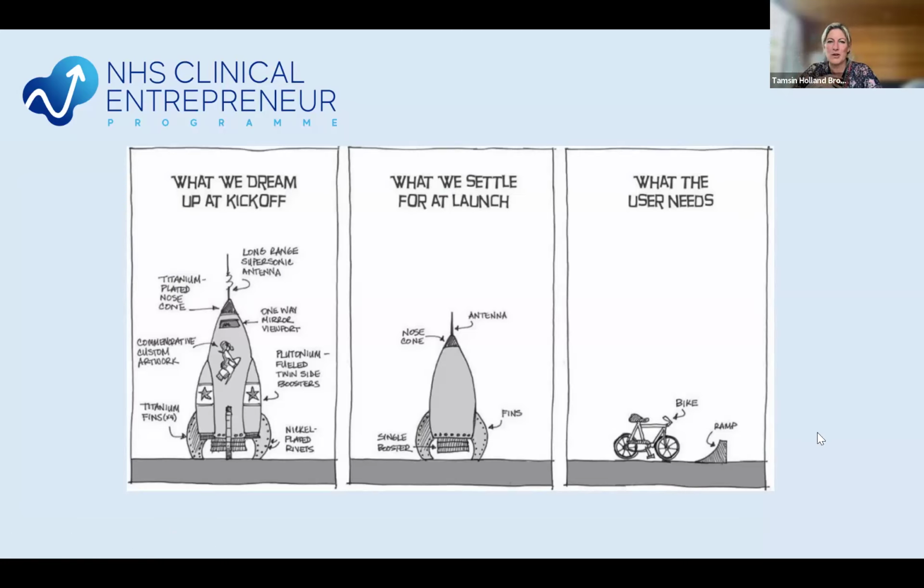And you hear people talking about a minimal viable product, or MVP, a lot in entrepreneurship or business. And so your MVP, people talk about it being very ugly, and that is certainly true. And sometimes you're building something very big, but what the user needs is just to get over a ramp and you're building a rocket. So think about how proportional that is.